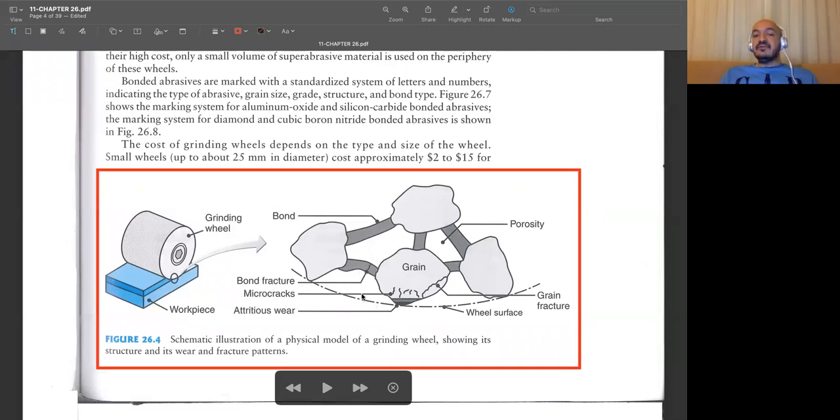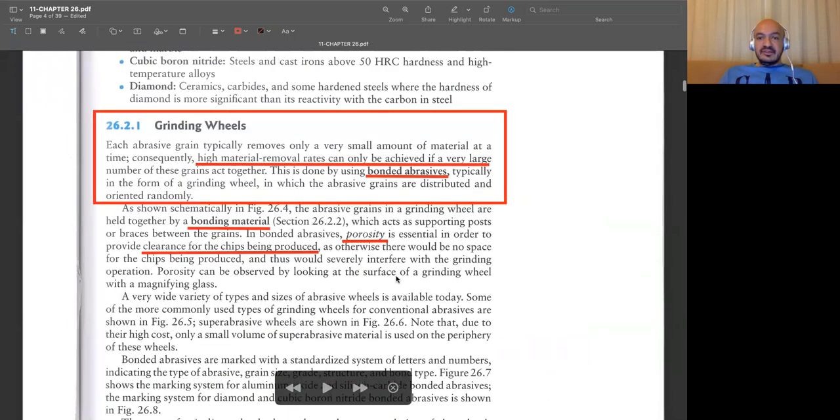These are chip gullets, and after some hours of operation, if these chips are not removed, then we need to do some dressing operations. I will talk about them in a moment, but these are the things we should know about grinding wheels, and why we use them: we want to increase the material removal rate of the abrasive machining process.